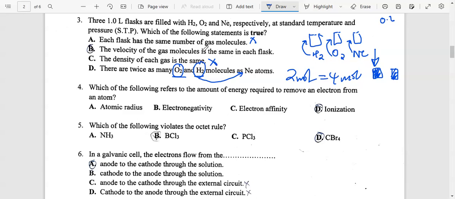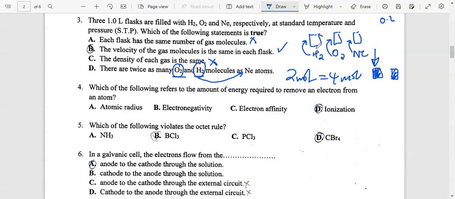The velocity of the gas molecules in the containers is the same. The speed at which they are going to be moving, since they are all gases, you assume ideally that the velocity at which they are moving in the container is the same.